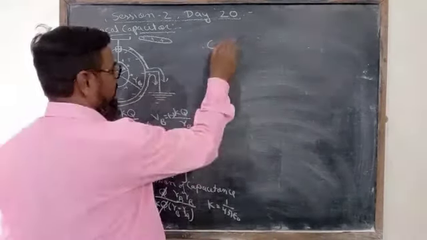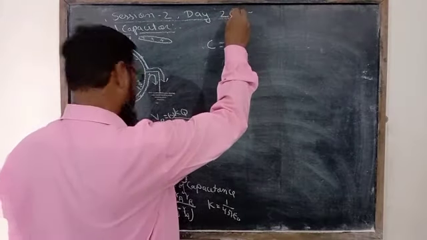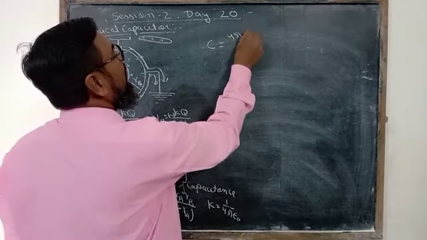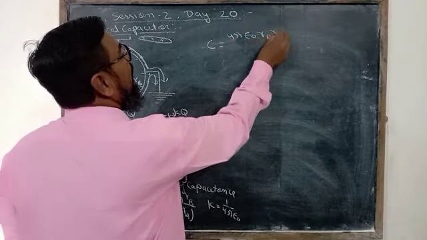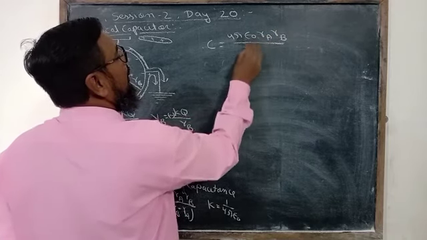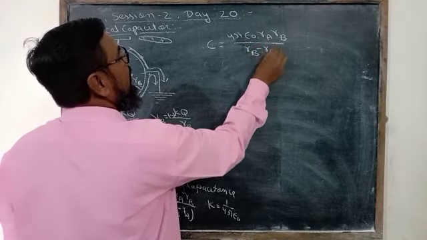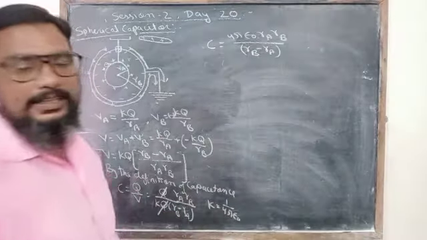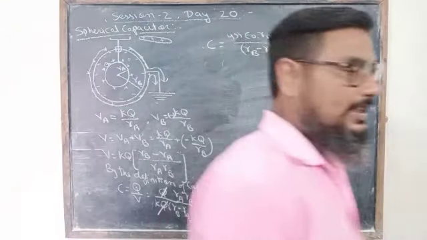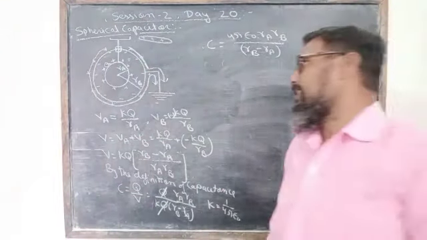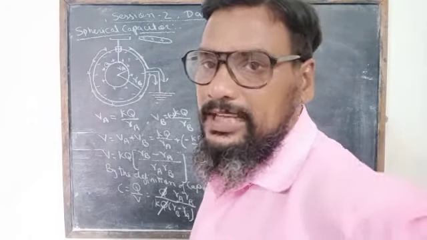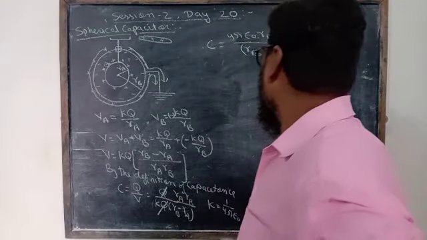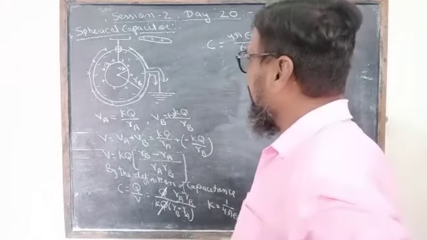So the capacitance of the capacitor will be equal to 4 pi epsilon naught RA RB upon RB minus RA. This is the expression for the spherical capacitor, and one numerical in the additional exercise is given on the basis of the spherical capacitor.